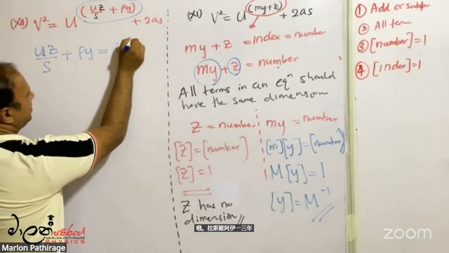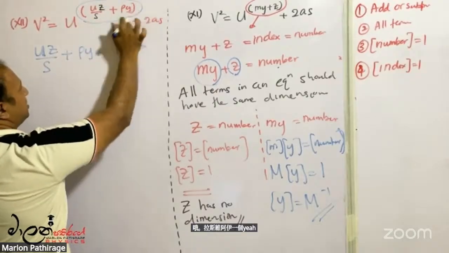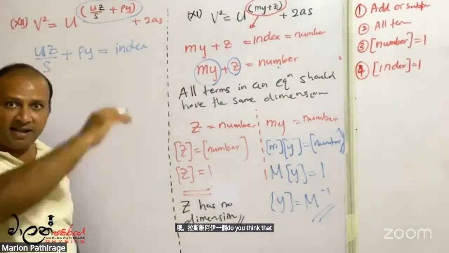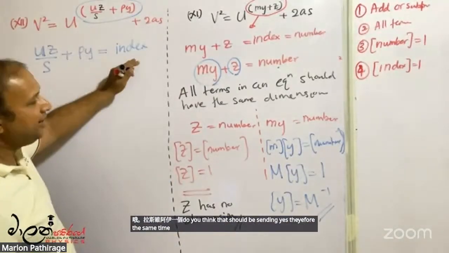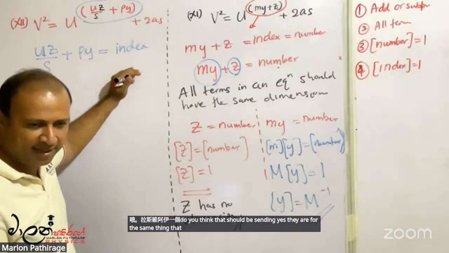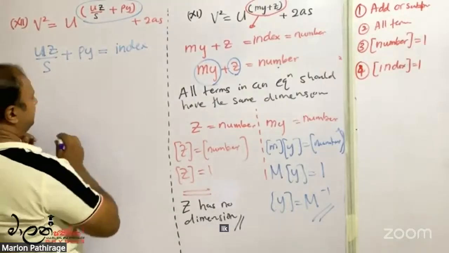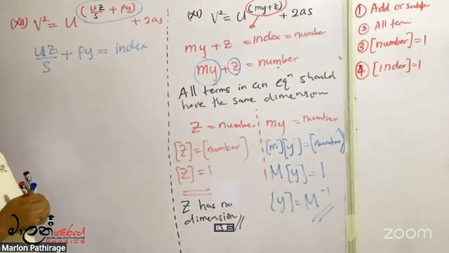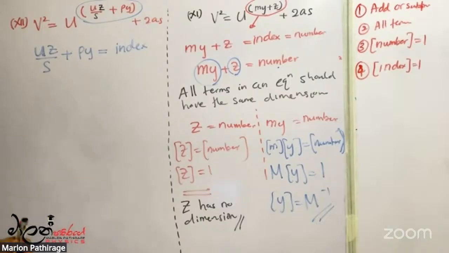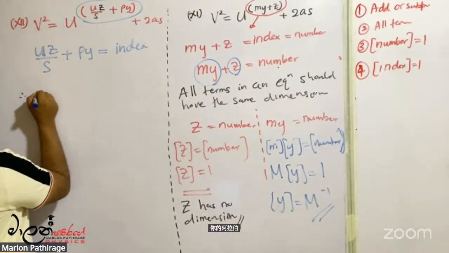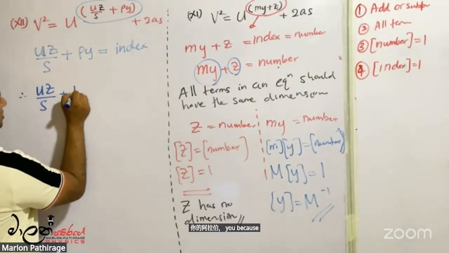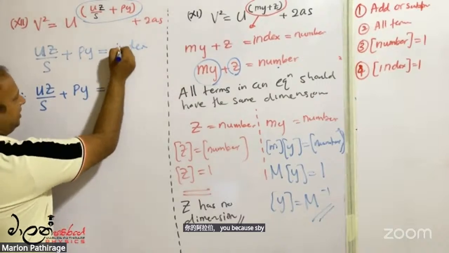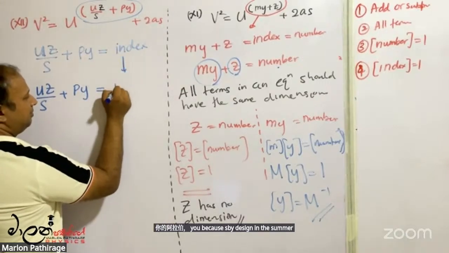This entire expression is an index. That means it is a number. Therefore, U z over S plus Py is an index, means number. This is a number.